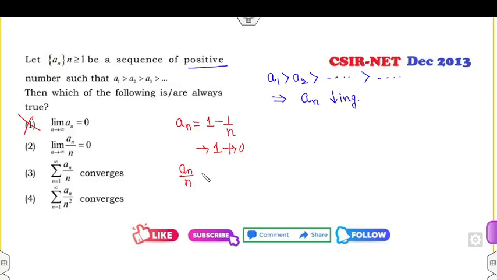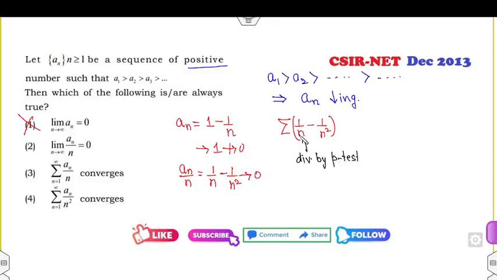What is an over n? 1 over n minus 1 over n square. It goes to 0. But this is one counter example. We can't check the option based on this one. Series an over n, so 1 over n minus 1 over n square. Now we can see this series is divergent by the p test.